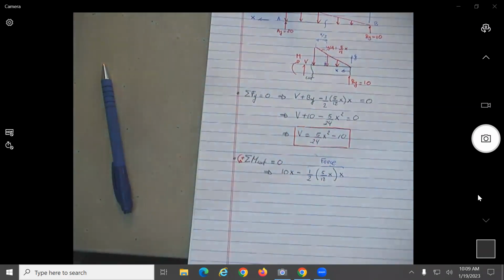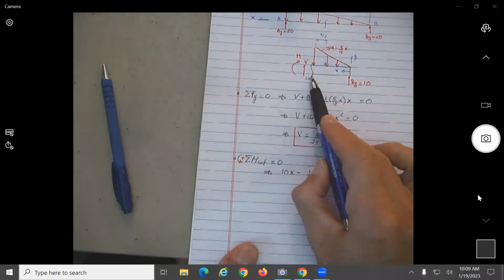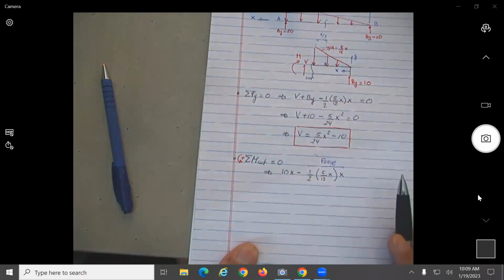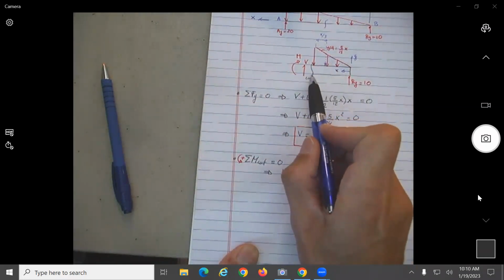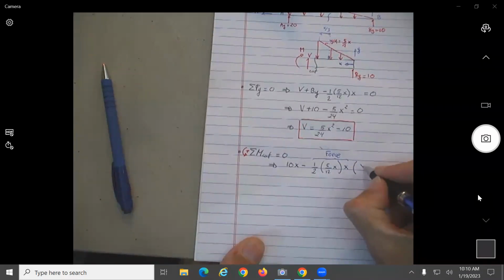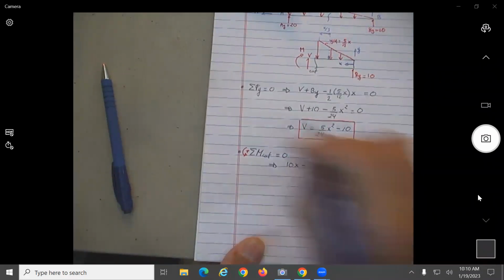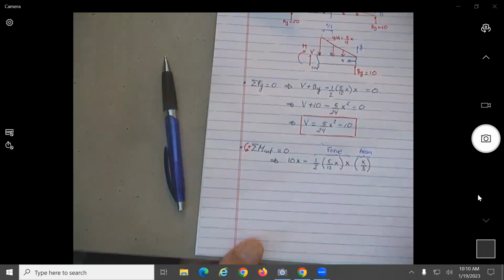So what would be the arm? The force is being applied here, and we take the moment about this point. So what would be the arm? Everything is on the figure. What is the distance between this point and the cut? X over 3 would be the arm, no?